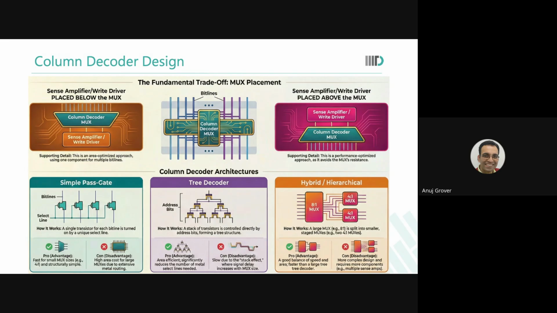We would use PTL or transmission gate logic, whichever suits us more, so that it can be bidirectional. You can multiplex and you can also demultiplex. Anyways, PTL are high density logic, and if you have to transmit a 1, you will use a PMOS. If you have to transmit a 0, you will use an NMOS.